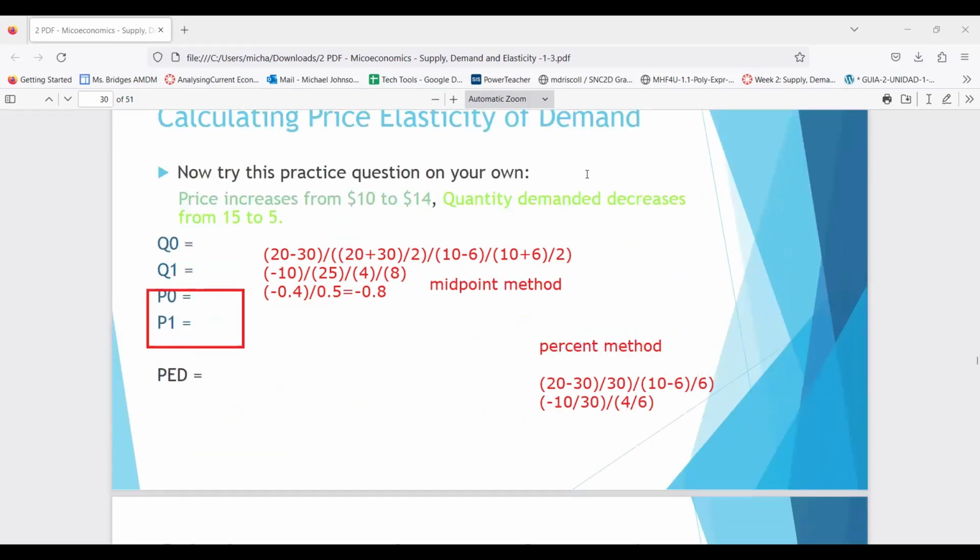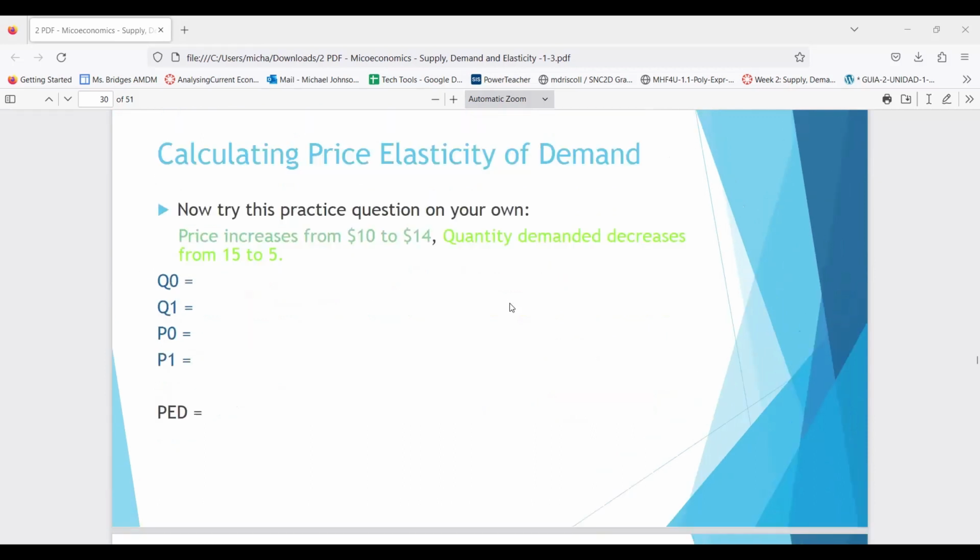So let's practice this one. Does somebody want to try doing this one? What would price elasticity of demand be for this one?